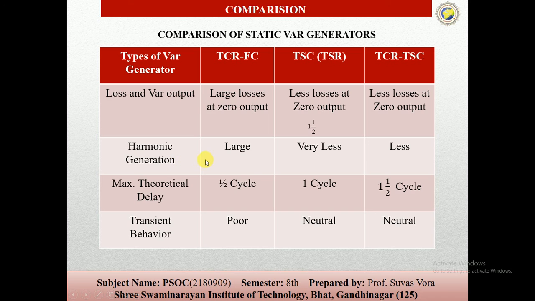Then on harmonic generation, the TCR-FC has large, TCSC has less, and TCR-TSC is less. Then the maximum theoretical delay in cycles. When we talk about cycles, in the TCR it is a number of cycles, in TCSC it is 1 and 1/2 cycles, and the transient behavior is poor, neutral.